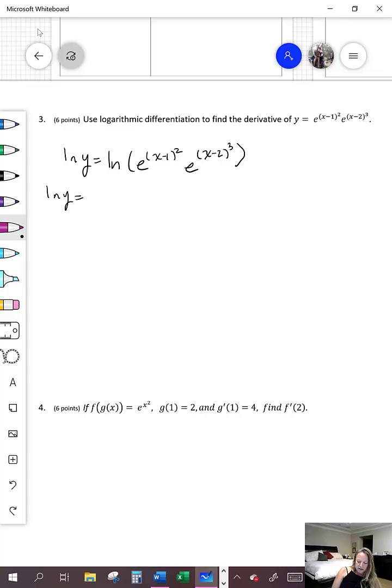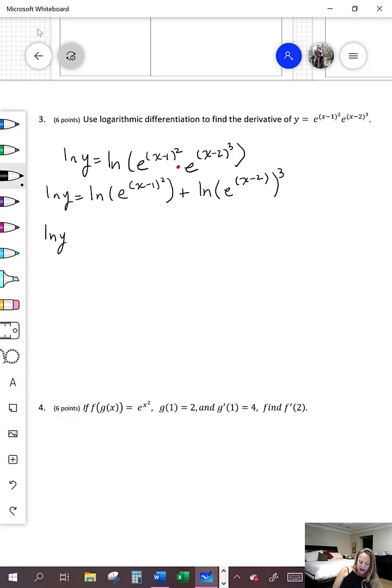When we have multiplication inside of what we're taking the natural log of, we can break that up as the natural log of the first function, (e raised to the x minus 1) quantity squared, plus the natural log of the second function, which is (e raised to the x minus 2) quantity cubed.